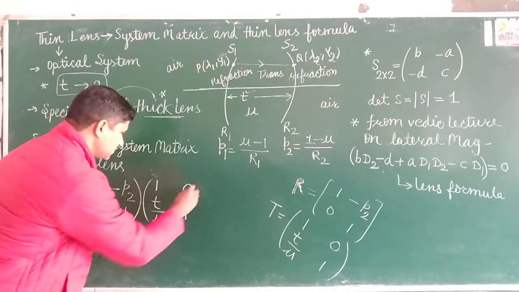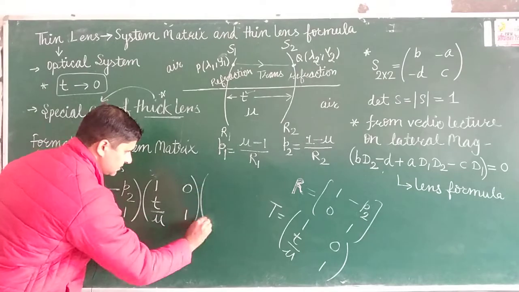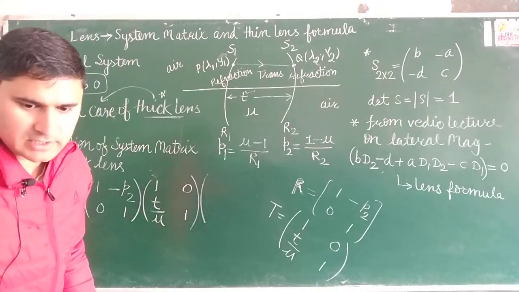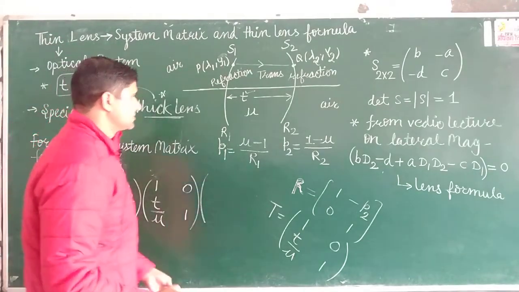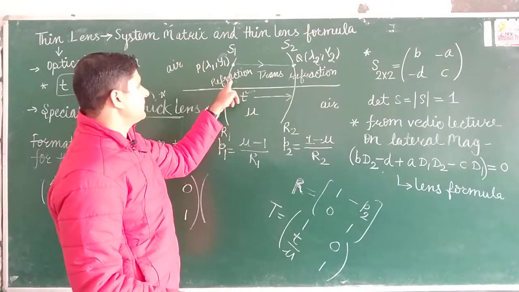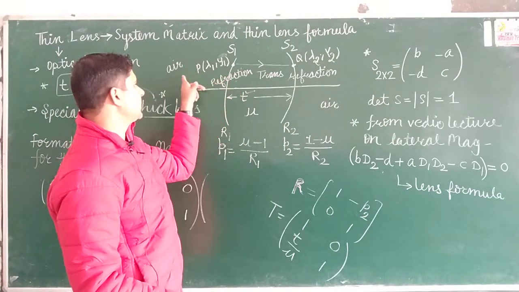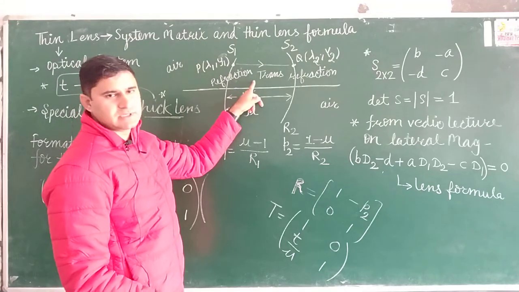So class, this is the translation matrix, and then you have again the refraction matrix. And here refraction occurs when light moves from air medium to the glass medium.